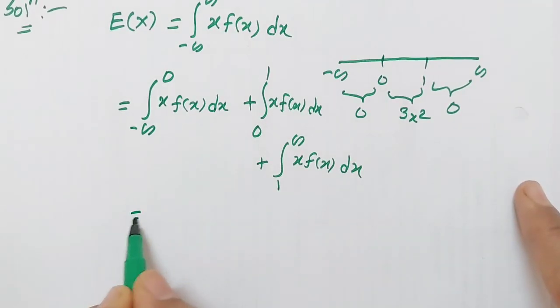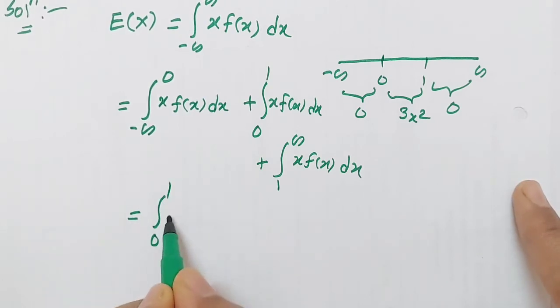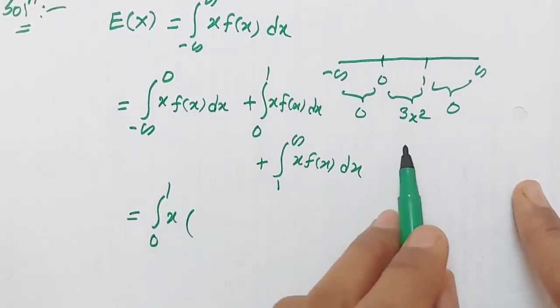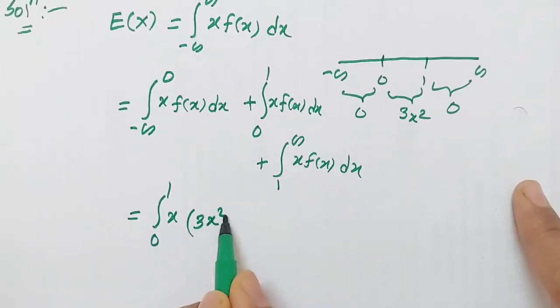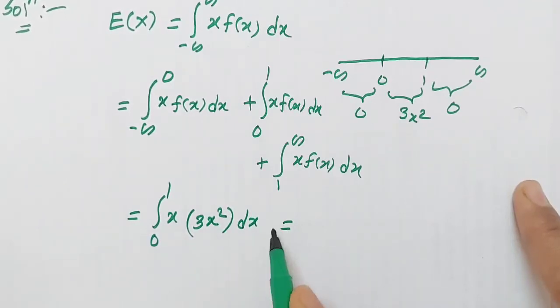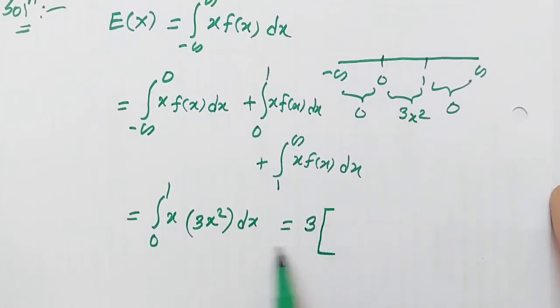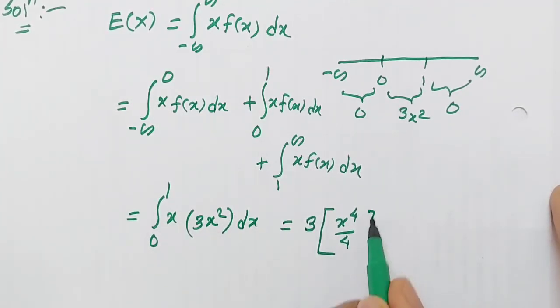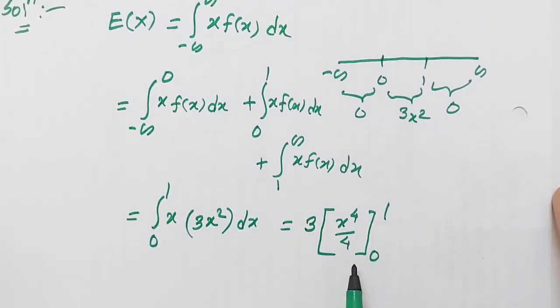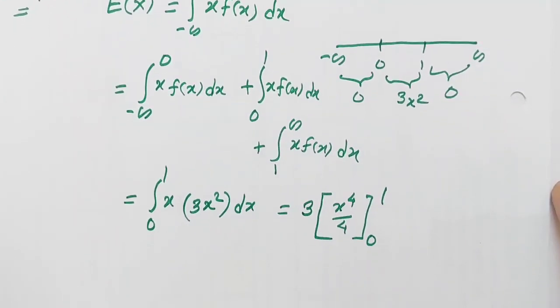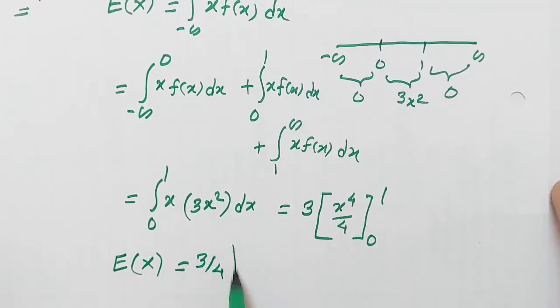Therefore it is the integral from 0 to 1 of x, and in 0 to 1 the function is 3x square, dx. This integral is very simple. You just take the constant outside, and the integration of x cube is x raised to the power 4 by 4, with limits 0 to 1. Now put the upper limit minus the lower limit, and we get the value of expectation of x, that is 3 by 4.